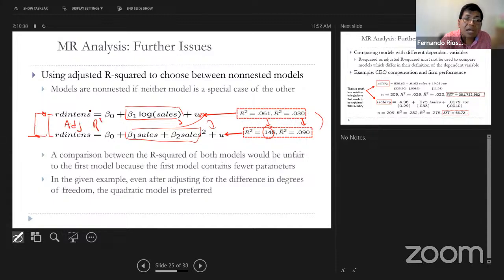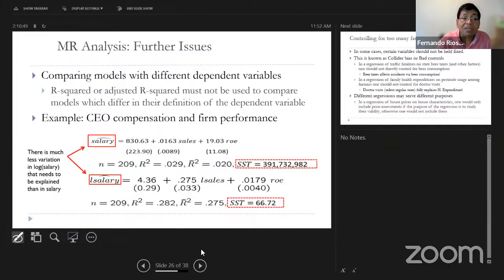because these two models are explaining the same dependent variable. So they are related to some extent. Something that cannot be done, however, is trying to compare two models using the R-square when the models are different. In this case, for instance, I cannot compare a model that has salary as my dependent variable to another that has log of salary as my dependent variable.